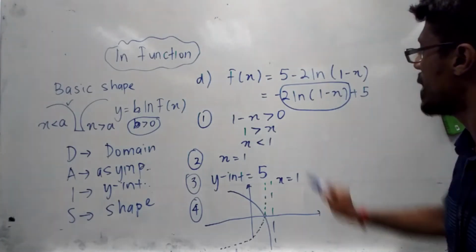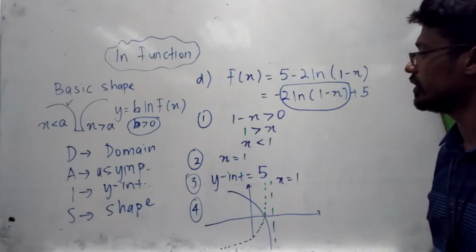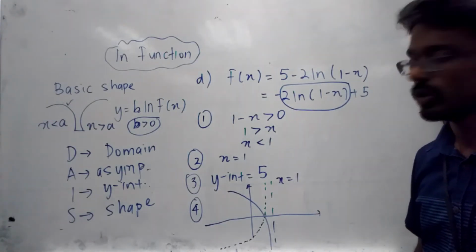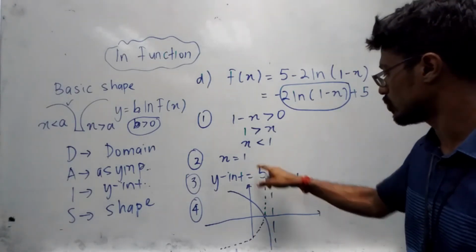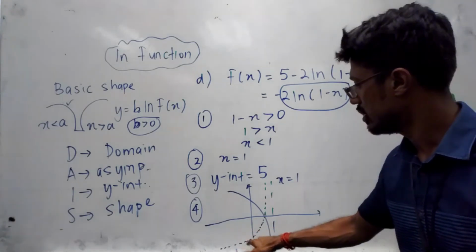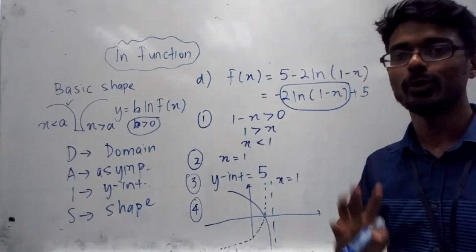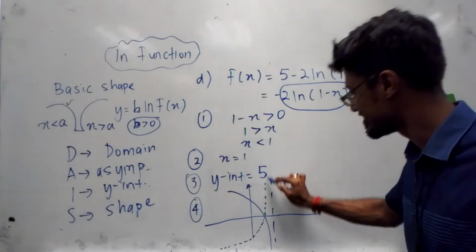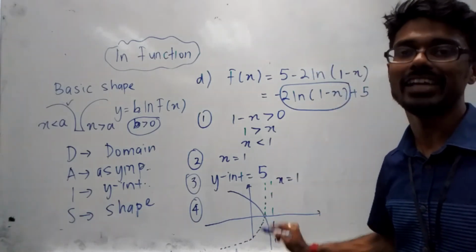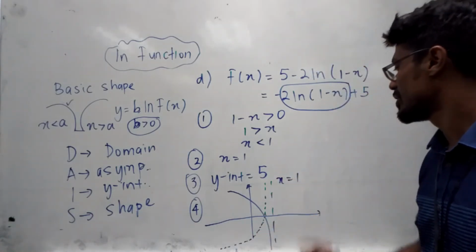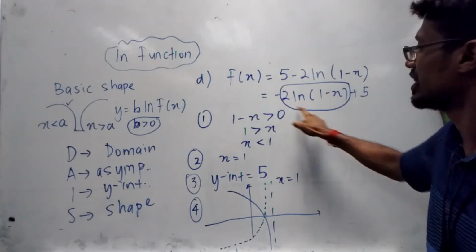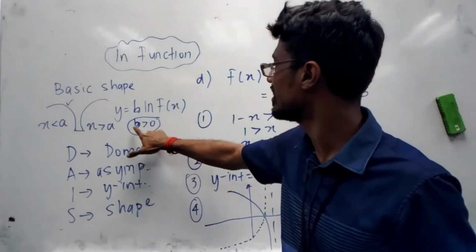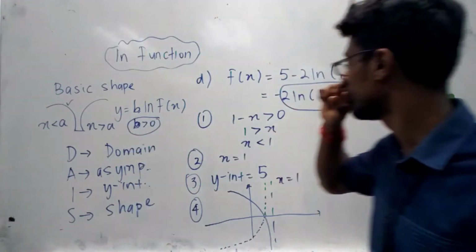Now I'm going to tie up all of this in order to get the final graph. Of course, if you look at this, you would say the y-intercept is 5, so why on earth is my graph cutting there? Don't worry, this part is just to get the shape. I repeat how I get the shape. First, we look at this part, when it is positive.